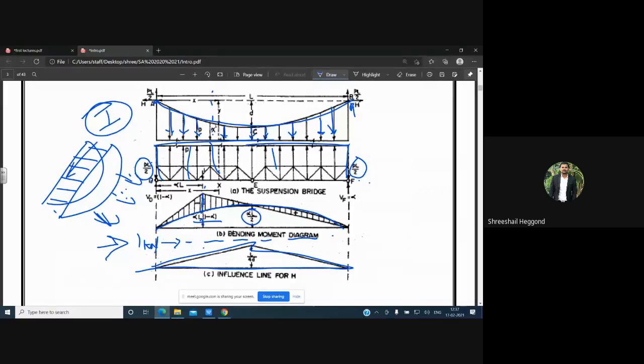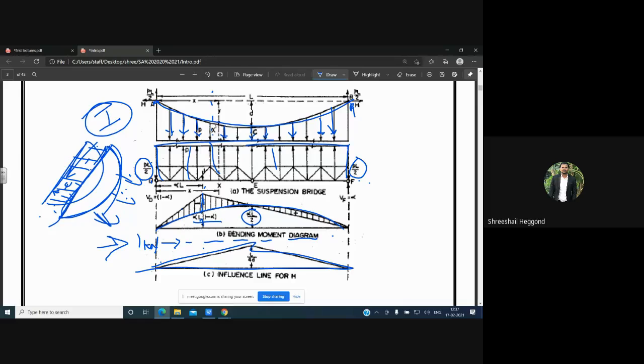The stiffening girders will be these two points, where whatever load is applied on this point will be transferred to these girders, and these girders will create a uniformly distributed load on the cables. Once the vehicle is going from one end to the other, the pathway will not displace or move. Why? Because it will maintain a uniformly distributed load throughout the cable because of these stiffening girders that will be placed at the ends.